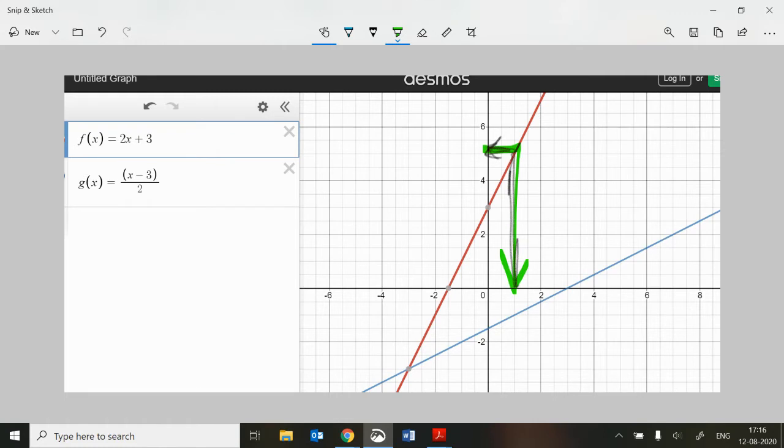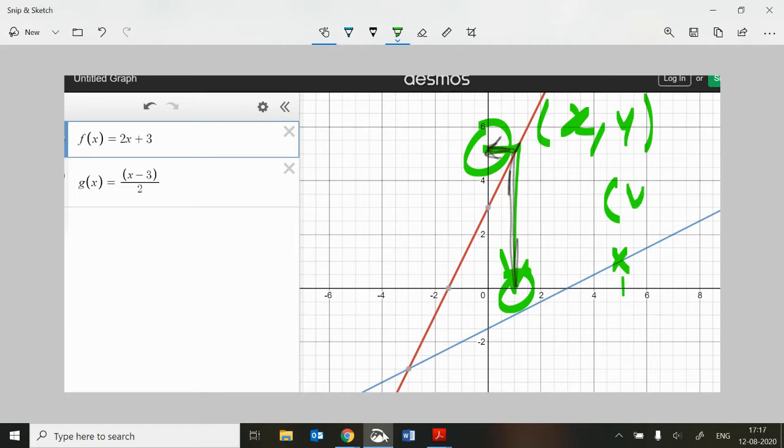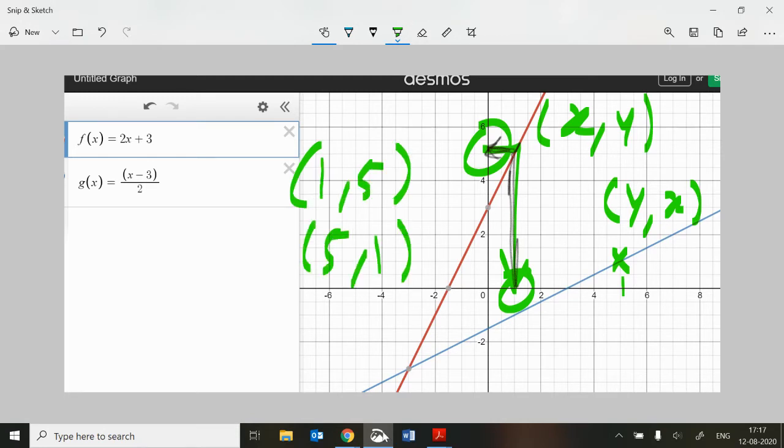But we're essentially switching the axes around. So the 1 comma 5 is now becoming 5 comma 1. Okay, so all of your x, y coordinate points are now changing into y, x coordinate points, if you like. So, for example, 1, 5 is now becoming 5, 1.